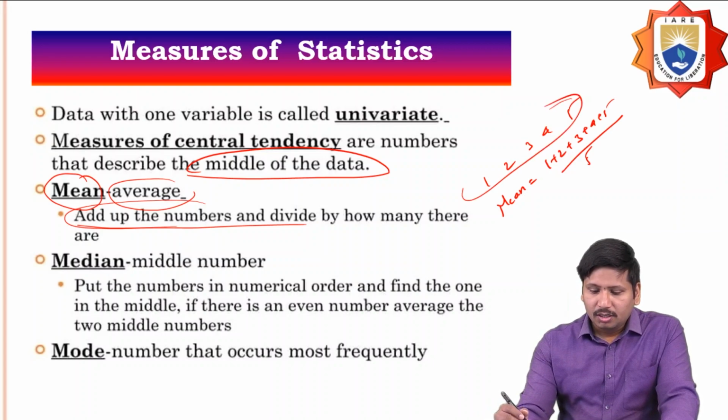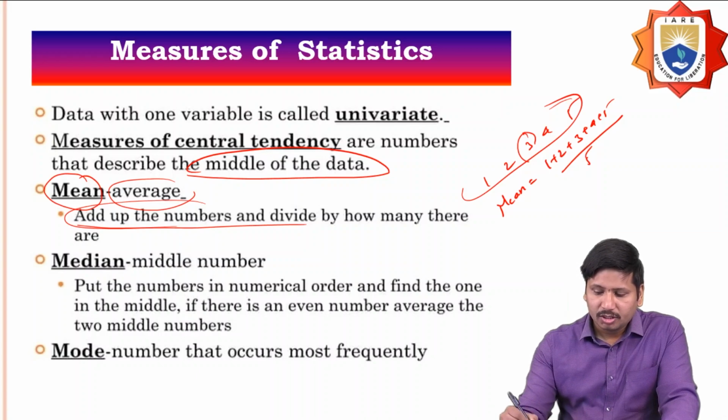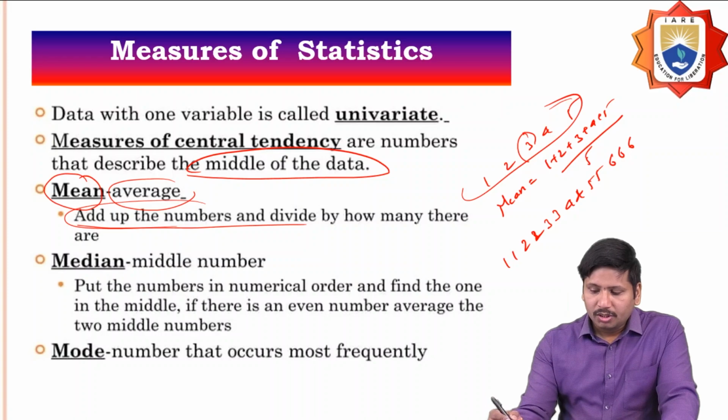For the median, the middle of these numbers is 3. For the mode, the most occurring number is considered. Suppose we have data like this, the most occurring number is 6. That is the example of the mode.